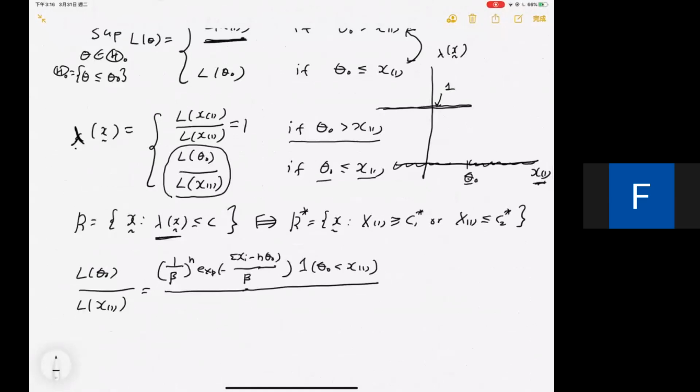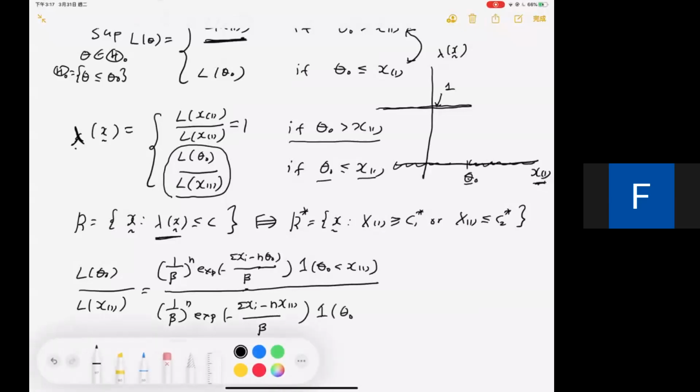Okay, that's L theta 0. Again, you plug in 1 over beta to the power n, exponential of minus beta summation xi minus n x1, that's the indicator function of theta naught, then plug in x1 right here.